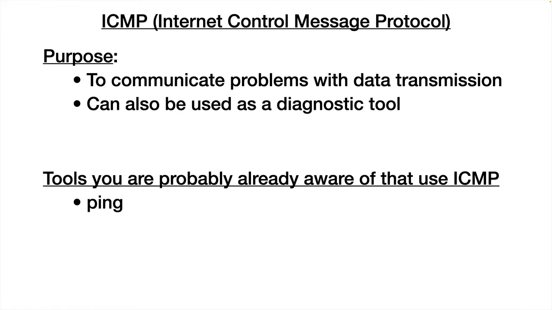If it successfully travels through the network and makes it to the host, the host is supposed to respond with an ICMP reply, and that will make it all the way back, hopefully, to the machine that initiated the ping. And if it does, you know the route's up, you know the host is up, and you also get some timing statistics about communications from your machine to the host you're pinging.